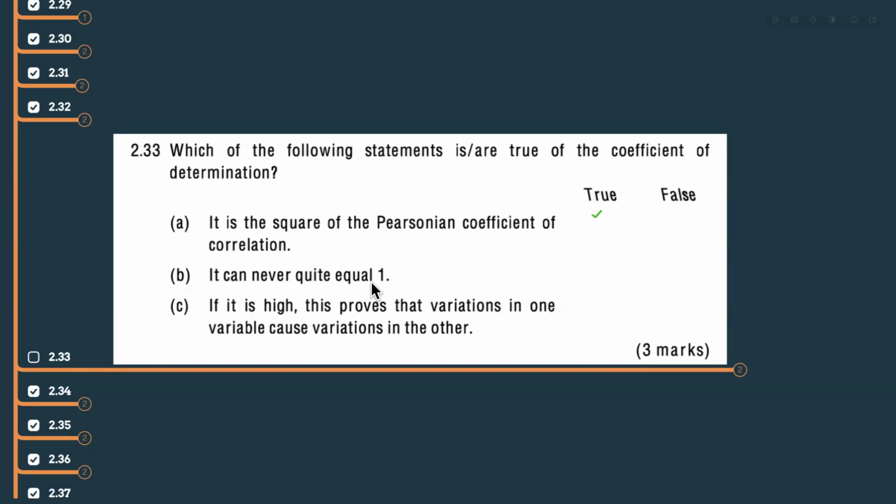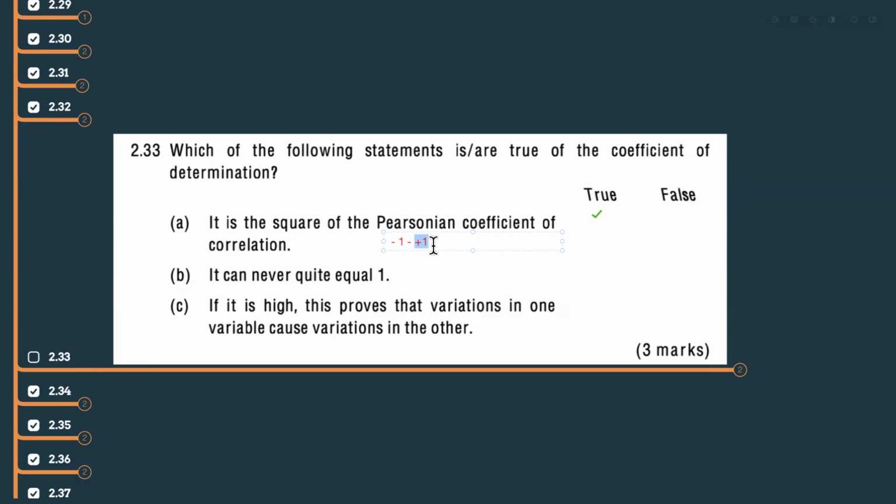It can, because the coefficient of correlation can be between -1 and +1, right? So if +1 is possible in the coefficient of correlation, 1 squared is 1. And -1 squared is -1 into -1, which again reaches +1.